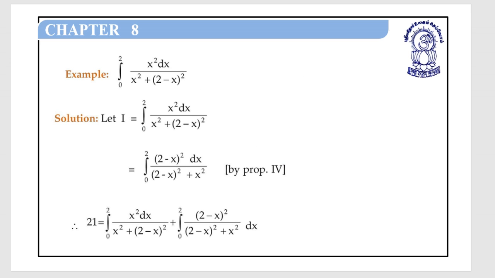Next, integral from 0 to 2 of x square dx upon x square plus 2 minus x whole square. By property 4, so remember all the properties, okay?